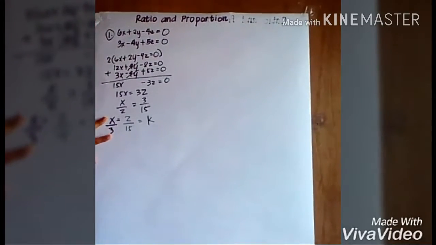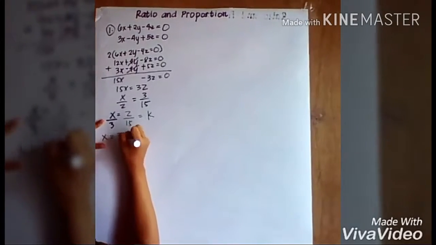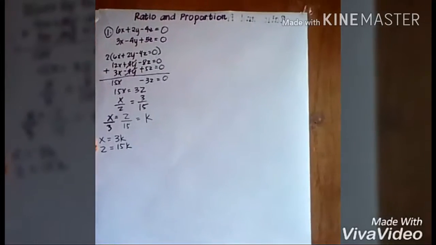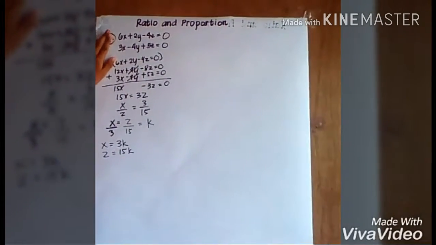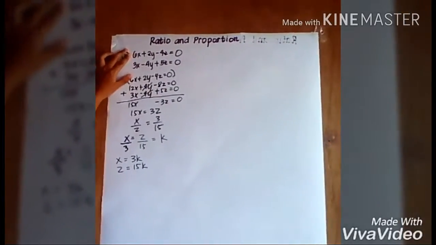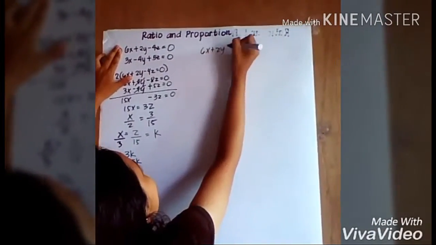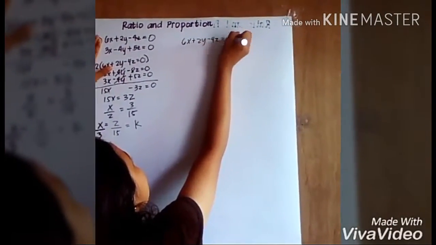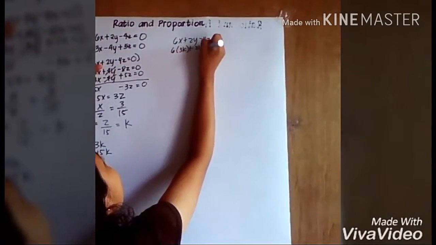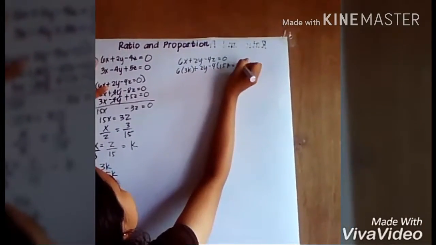So now you can easily find y by x is equal to 3k and z is equal to 15k. So for you to find y, we are going to substitute the x and z in this equation. You can use either this or this, but we are going to use this. So 6x plus 2y minus 4z is equal to 0. 6 times 3k plus 2y minus 4 times 15k is equal to 0.